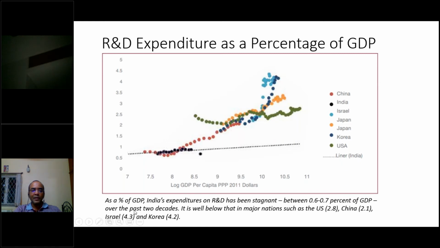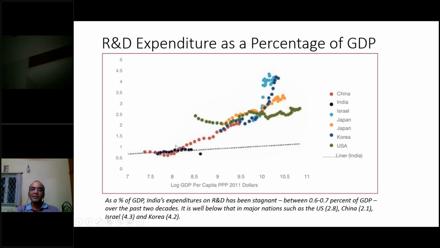So this graphic is relatively old, but it still conveys the message. You'll see this as a percentage of GDP. India, represented in black here, is stagnant, and that's happening even today. It was like 0.5 in 2007, 2008, but even in 2020 we are still around the same number, which is the challenge. Whereas if you look at China, China was doing much worse than India in the late 70s and early 80s, but then see how they peaked.